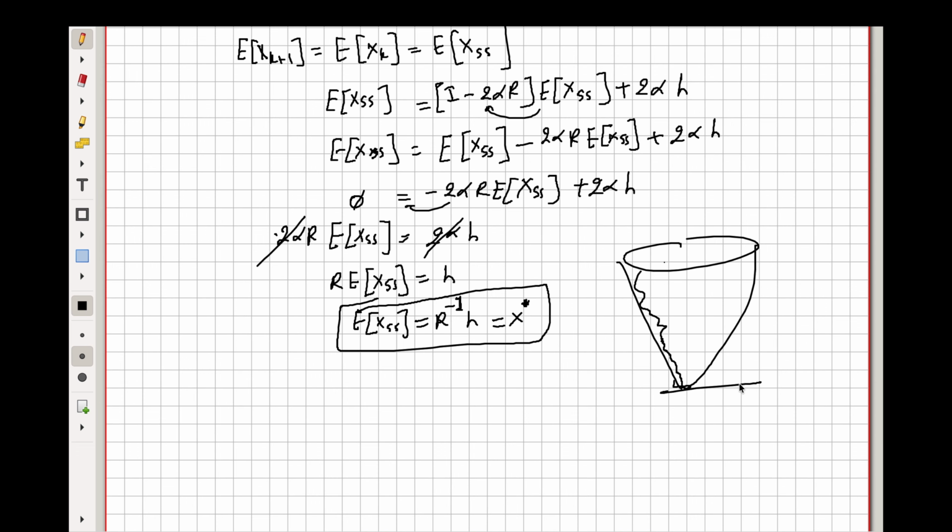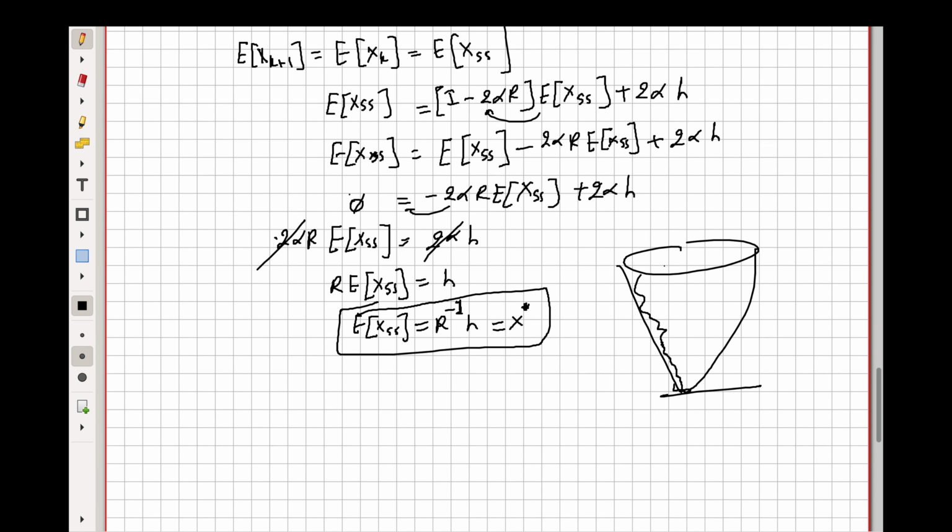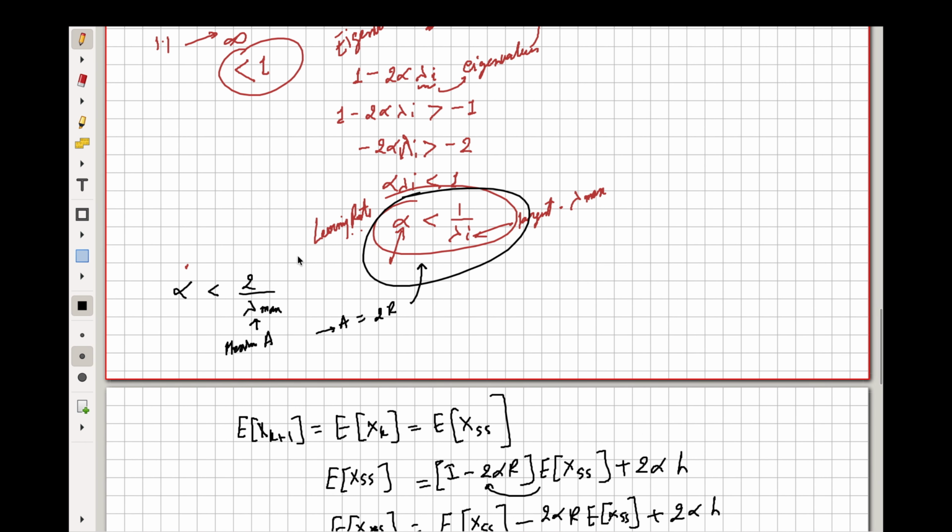So if you are walking down the foggy canyon, as we saw in the picture earlier, you'll successfully find the chest of gold, the optimum weights, every single time, as long as you keep alpha, the step size or stride size, controlled by the eigenvalues of the data that you have, which we saw here.